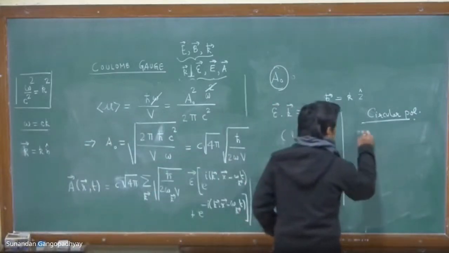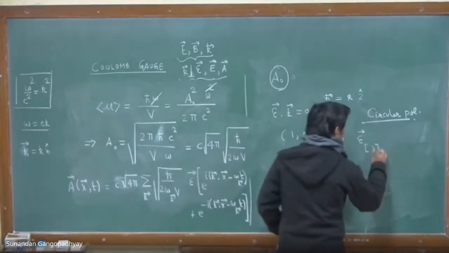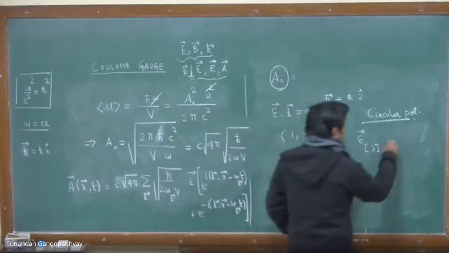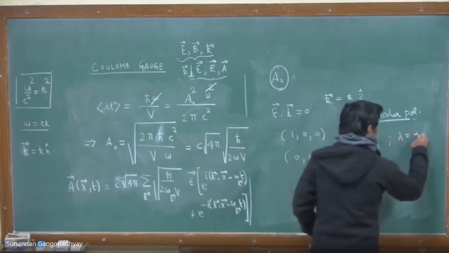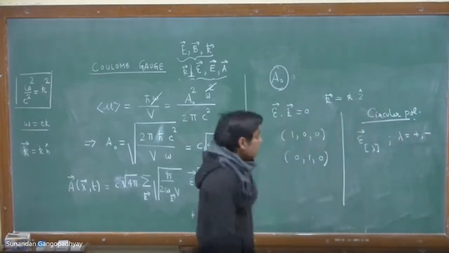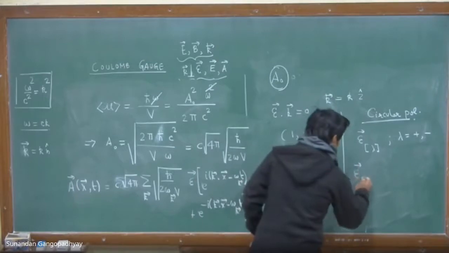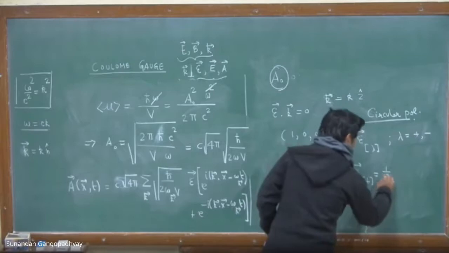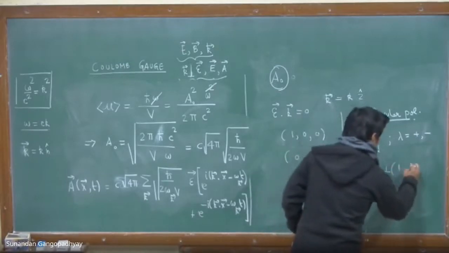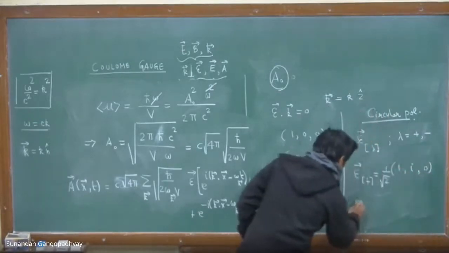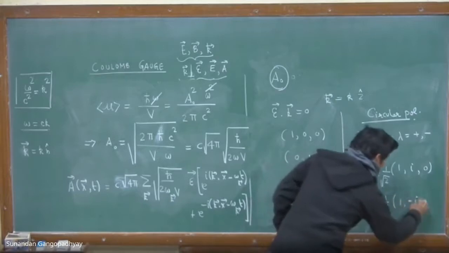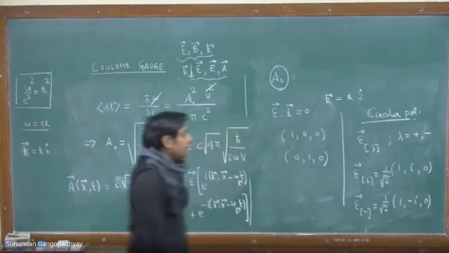You can say epsilon lambda is your polarization vector, where lambda denotes plus or minus, and epsilon plus is 1 by root 2 (1, i, 0), normalizing these vectors, and epsilon minus is equal to 1 by root 2 (1, −i, 0).